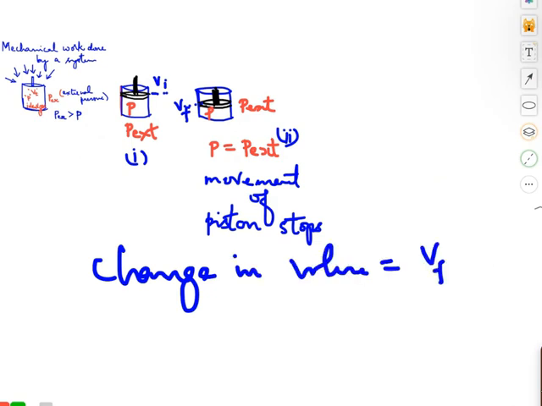Change in the volume is going to be V final minus V initial.